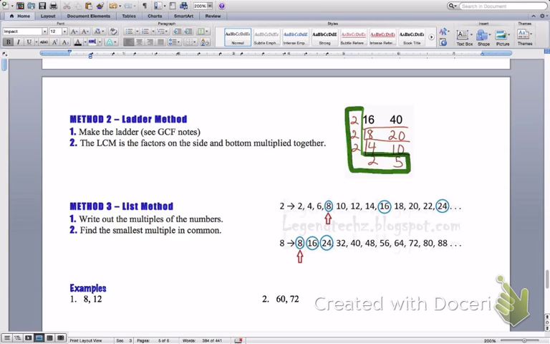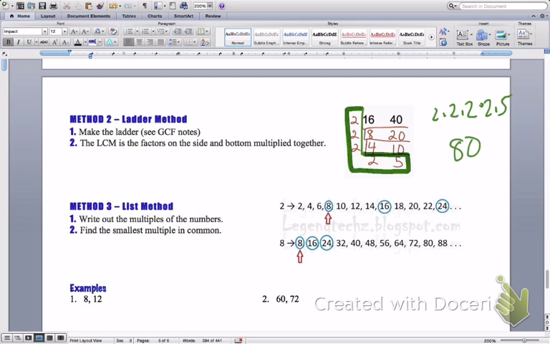So it's everything on the outside, including the bottom and the left. So the LCM in this case would be 2 times 2 times 2 from the left, times 2 times 5 from the bottom. So that's 2 times 2 is 4, times 2 is 8, times 2 is 16, and 16 times 5 is 80. So our LCM here is 80.